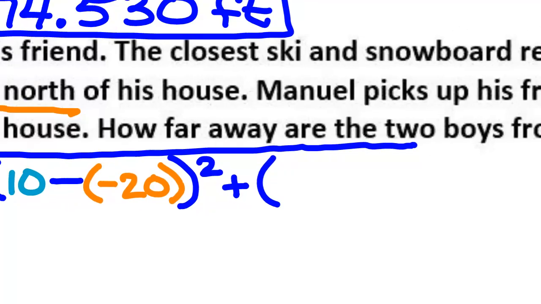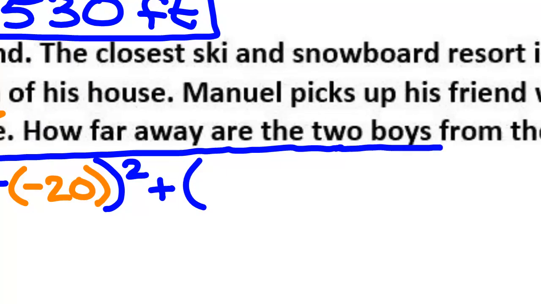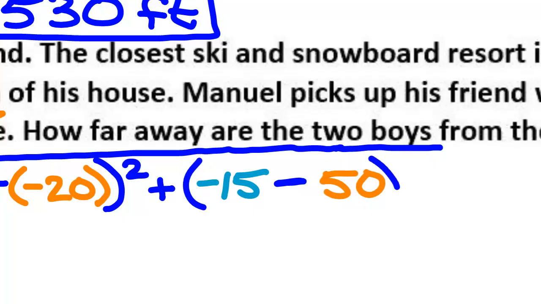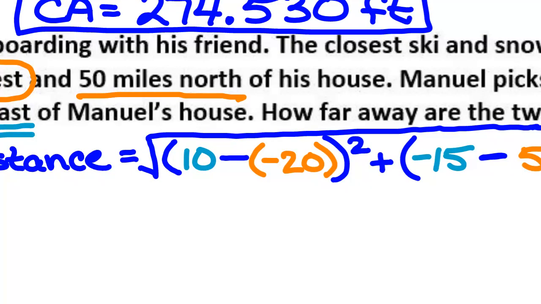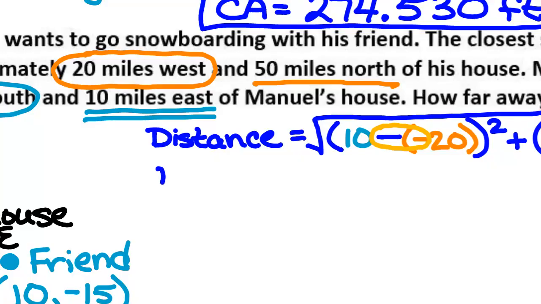Plus, then I need y2 minus y1. What is y2? Negative 15. What comes after the negative 15? A minus sign. Minus what? 50. Close the parentheses and square that. All right. Here, I am subtracting a negative, so that actually becomes what?